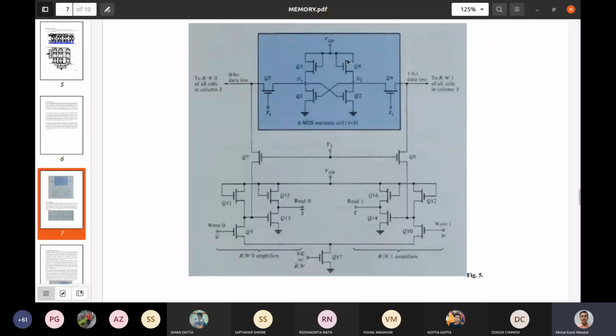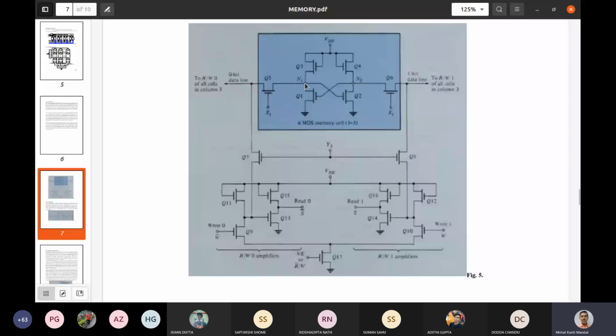So these 4 transistors, Q1, Q2, Q3, Q4, form a bistable multivibrator. That means it has 2 stable states. When this node voltage is high, then this transistor is on. And when this transistor is on, then this node voltage is low.